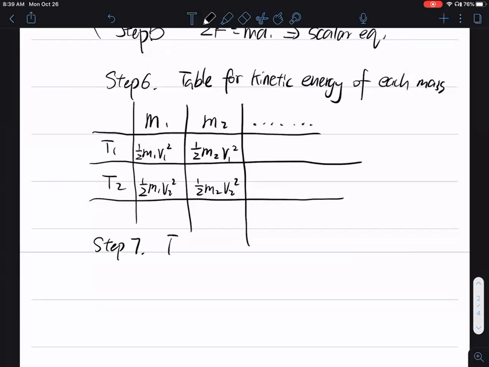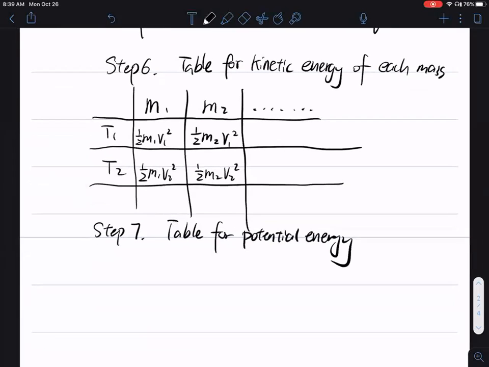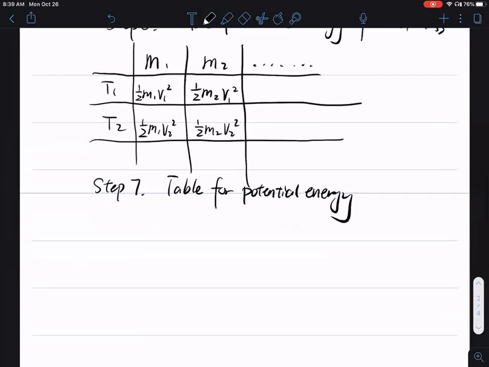is to build a table for potential energy. Okay, potential energy, the symbol for potential energy is V. So we have V1, V2.